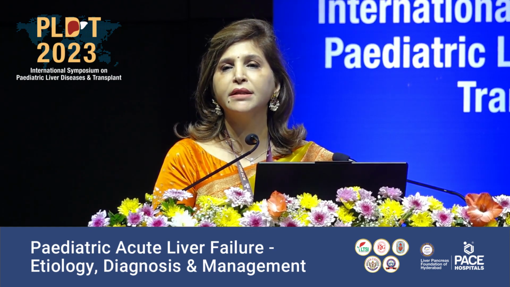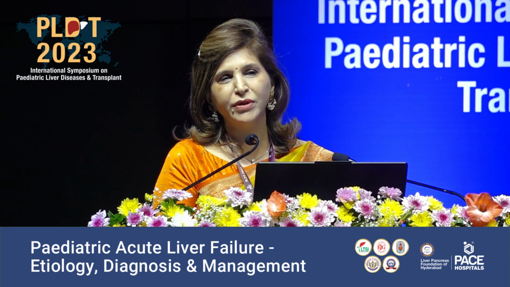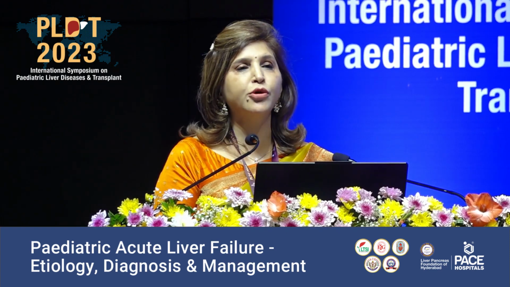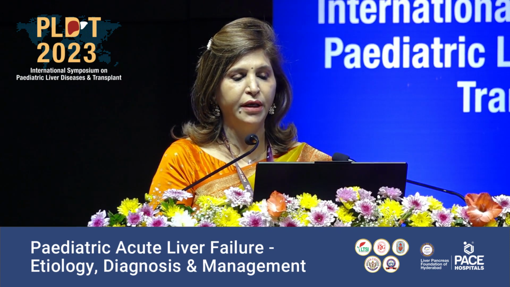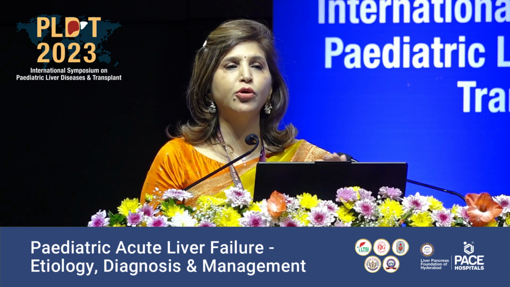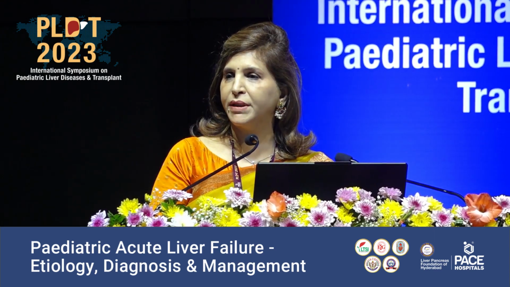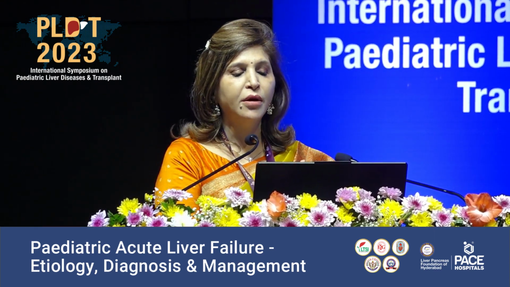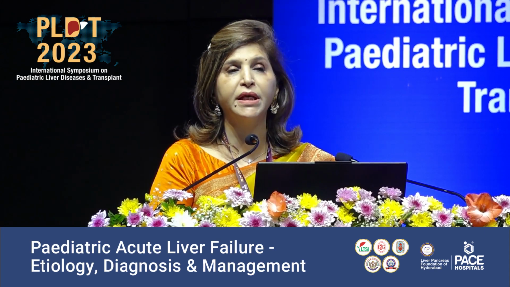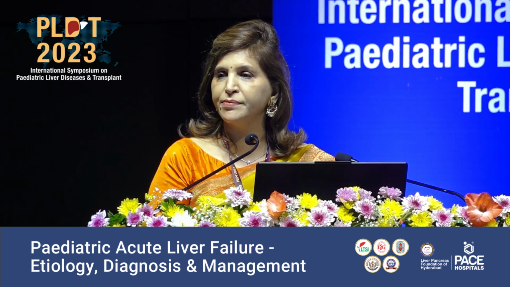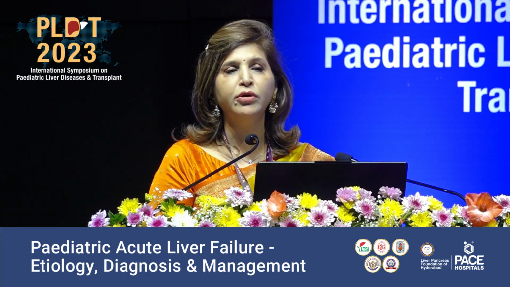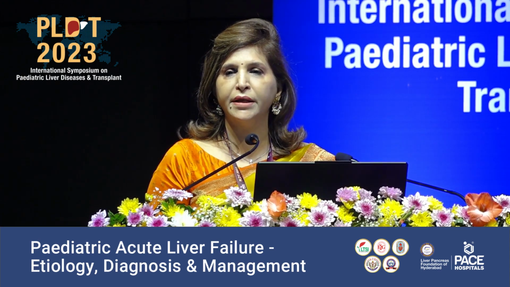In the liver failure study group, which was an amalgamation of London, UK, USA, etc., the definition is lab evidence of liver injury with INR more than 2 without encephalopathy, or more than 1.5 with encephalopathy, within 8 weeks from the onset of symptoms, because there are so many classifications, ranging from 4 weeks, 8 weeks, to 6 months.